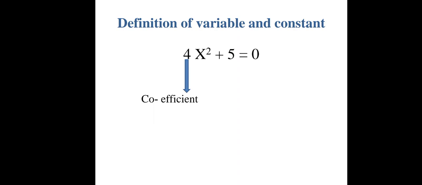In x², the numerical value is called the coefficient, and the unknown value x is called the variable, because we can substitute x as 1, 2, 3, from minus infinity to infinity. So this will be a variable value, and 5 will be the constant value. This will not change over time.